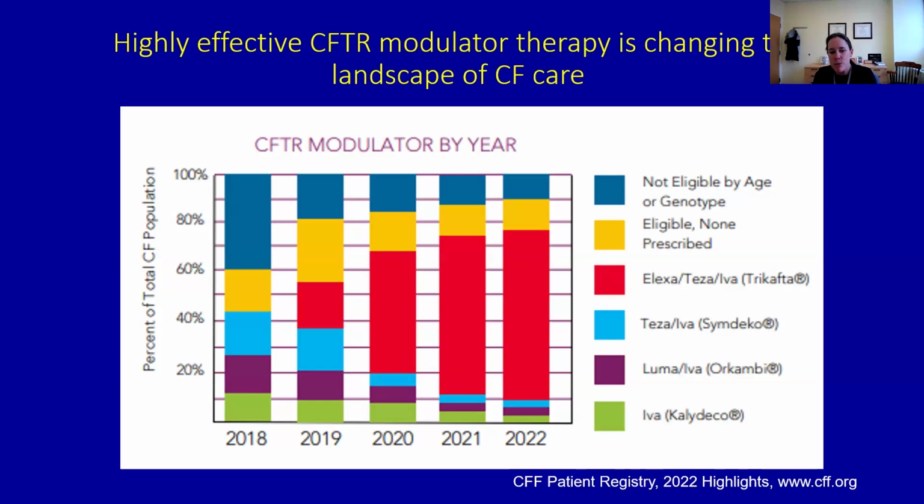You can see there's been rapid uptake of these medications. Anyone who has one copy of the Delta F508 mutation, which is the most common CFTR mutation that we see, is eligible for this medication. And you can see now here in 2022 that almost 90% of patients with CF are on a CFTR modulator. Seeing the improvements that these patients have on these medications has been really special.